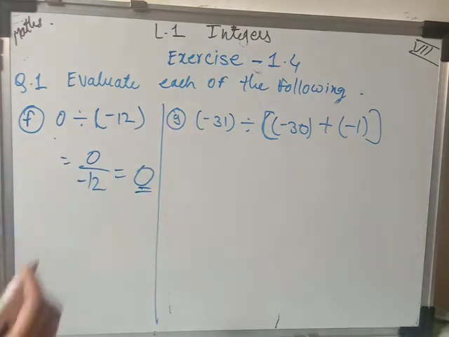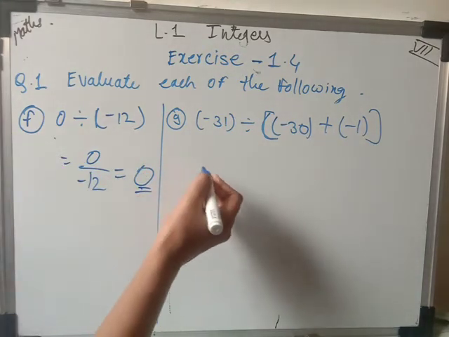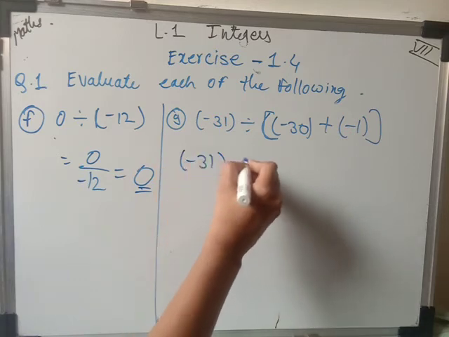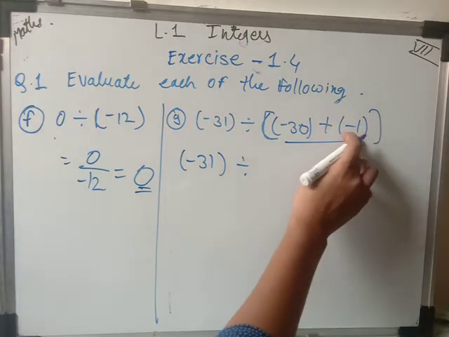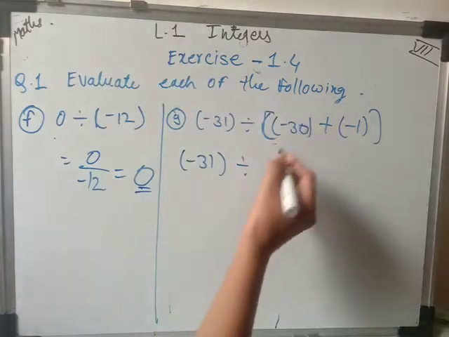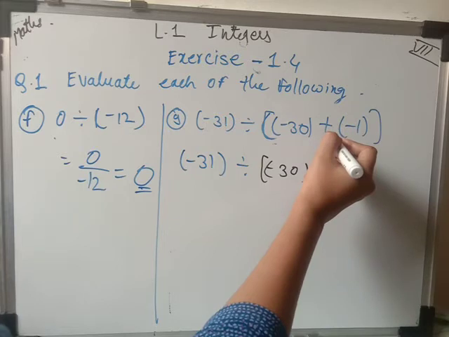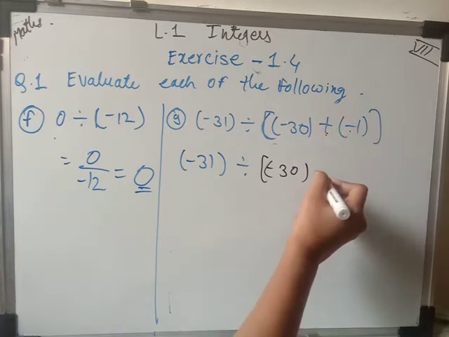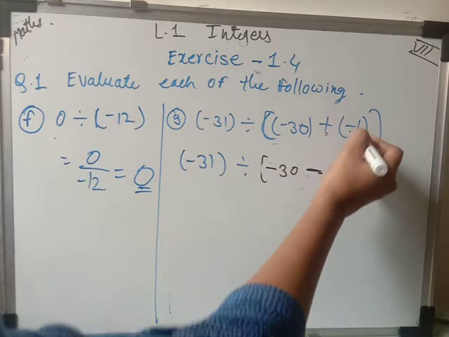Now let's see the G1, where 3 integers are there and where we have to do the division. So minus 31, whatever the integers are there in the bracket, just solve them first. So here 2 negative integers are there and we have to do the addition. So what we have to do is we have to change the sign of the second integer. So here minus 30 I will write as it is, and plus and minus become minus 1.